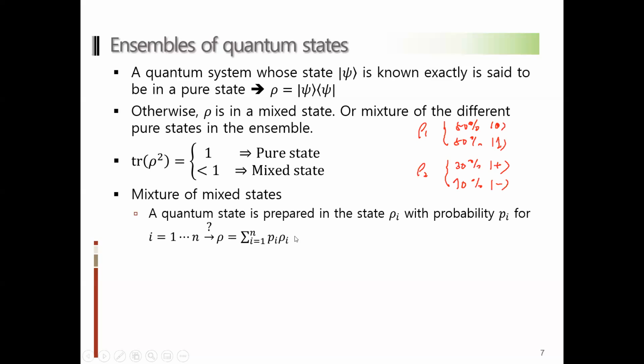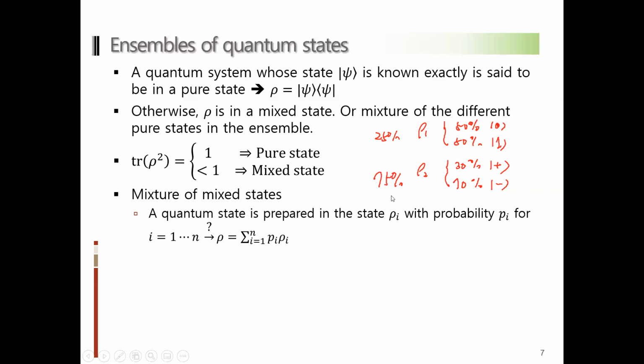Now the question is, what happens if you have rho 1 with 25% probability, while for the remaining 75% probability you have rho 2? Can you describe the resulting quantum state corresponding to this situation?